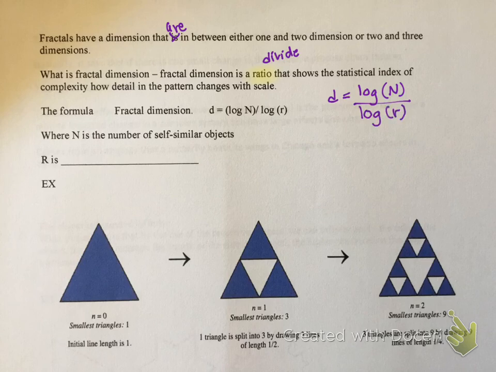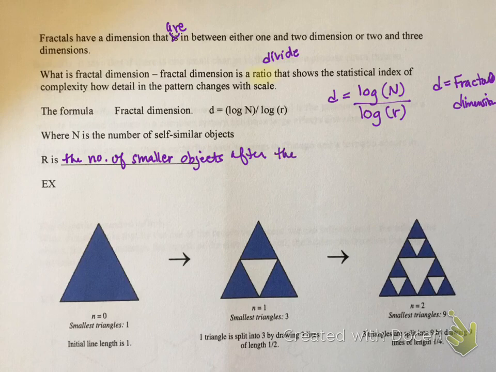N is the number of self-similar objects. D stands for fractal dimension. And the little r is the number of smaller objects after the recursive rule is applied on one side of the figure.